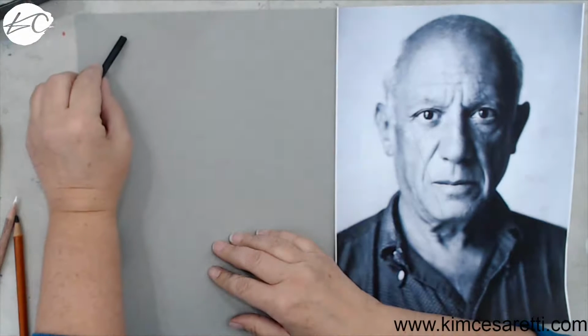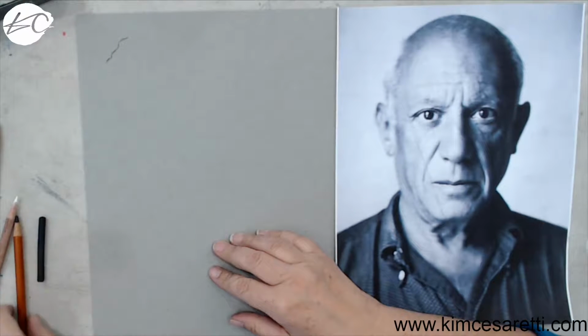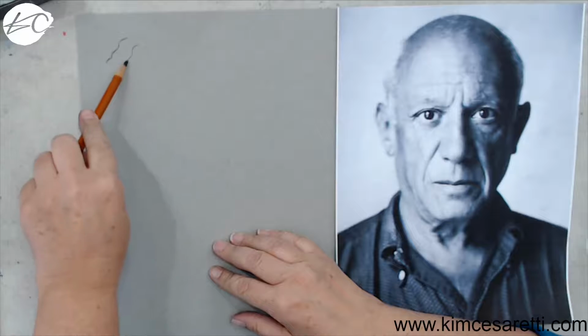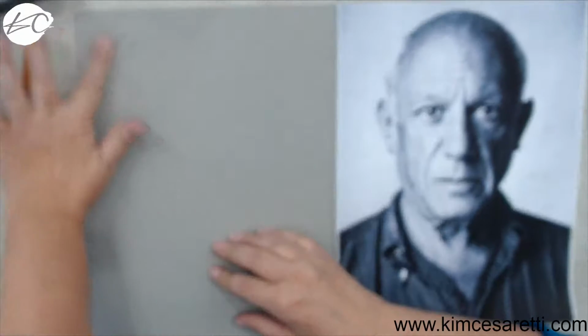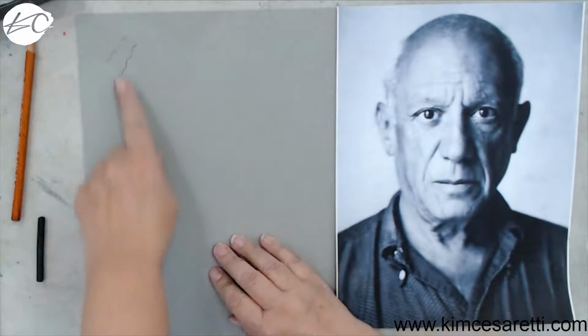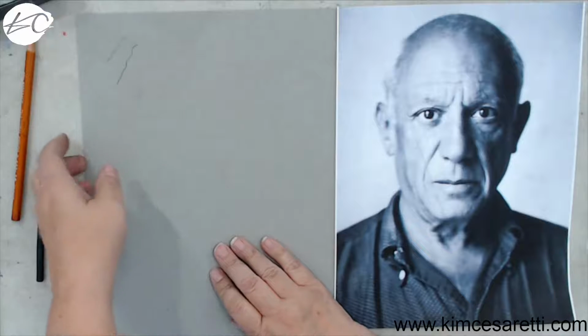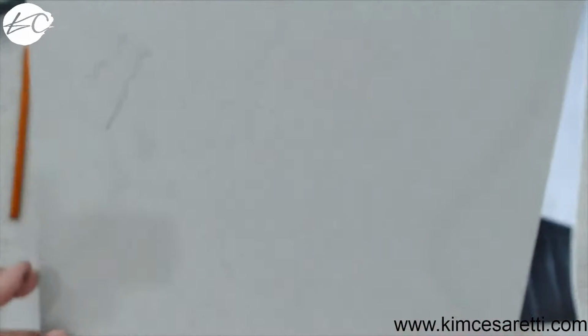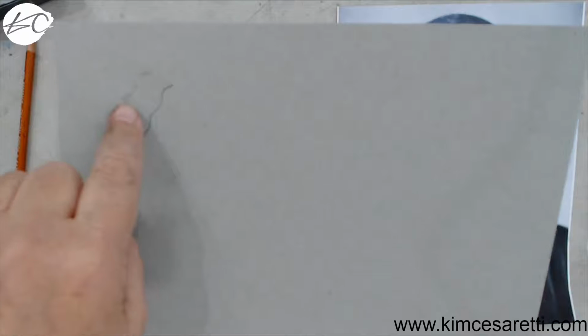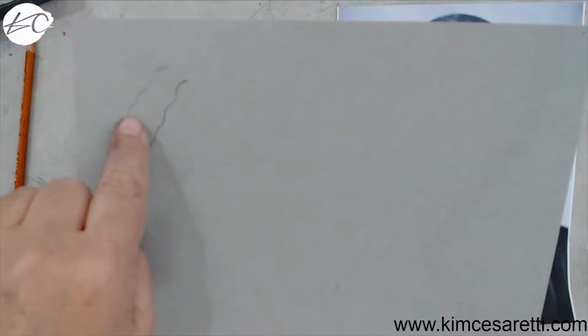I'm going to make a mark with the vine charcoal, and a mark with my compressed charcoal. And if I swipe over it, you see that it practically almost wiped all off with the vine charcoal.